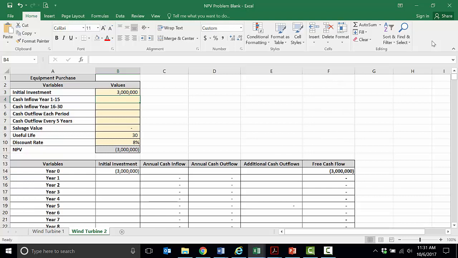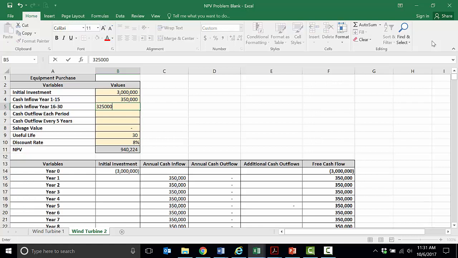I want to assume that starting in year 16, the wind turbine will not make as much revenue as in previous years. So in years 1 through 15, the turbine will have cash inflows of $350,000 like we assumed before. But from periods 16 to 30, let's assume the cash flows drop down to $325,000.